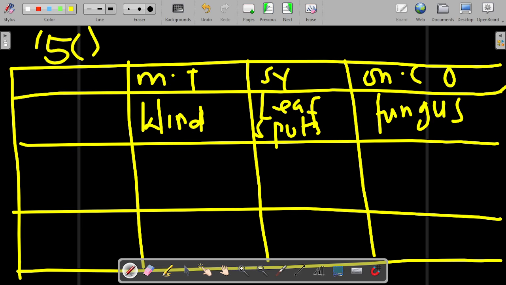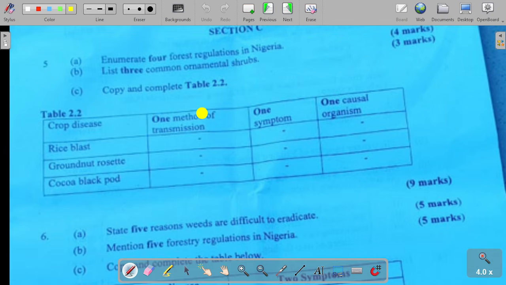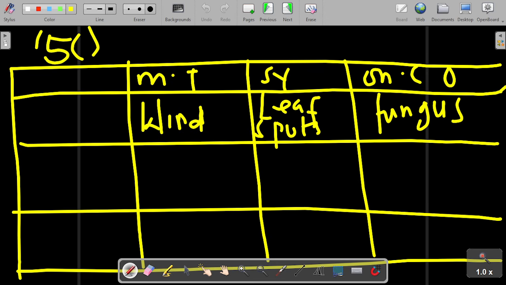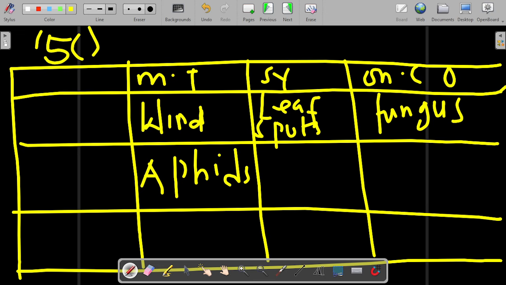Then the second, groundnut rosette, we have the aphid. Then stunted growth or yellowing.